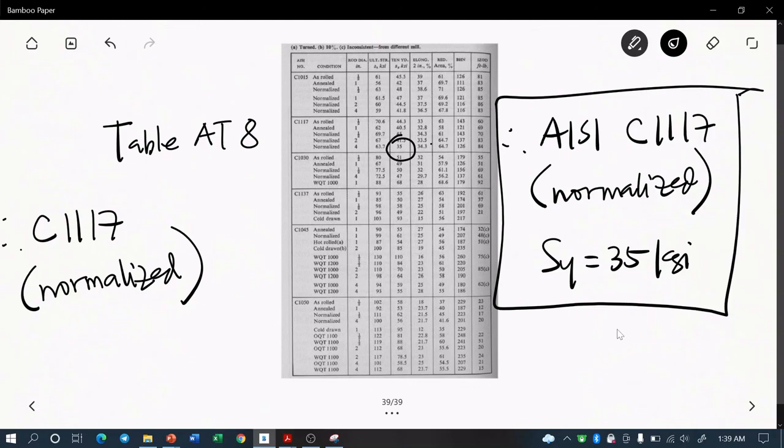So we have just finished solving problem number 2, where in the first requirement we are required to solve for the diameter of the shaft if there is a limit on the torsional deflection, and the limit is 1 degree for a length of 20 times its diameter.